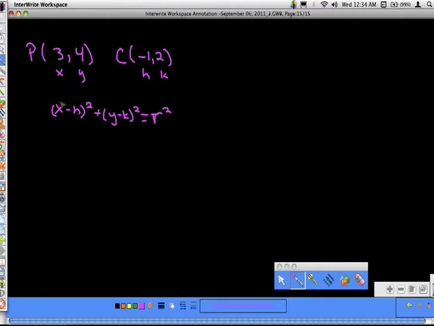So in this case, our x is 3, our y is 4, h is -1, and since we're doing minus that, it becomes +1, so we're adding the opposite. And then the k was 2, so we go -2.